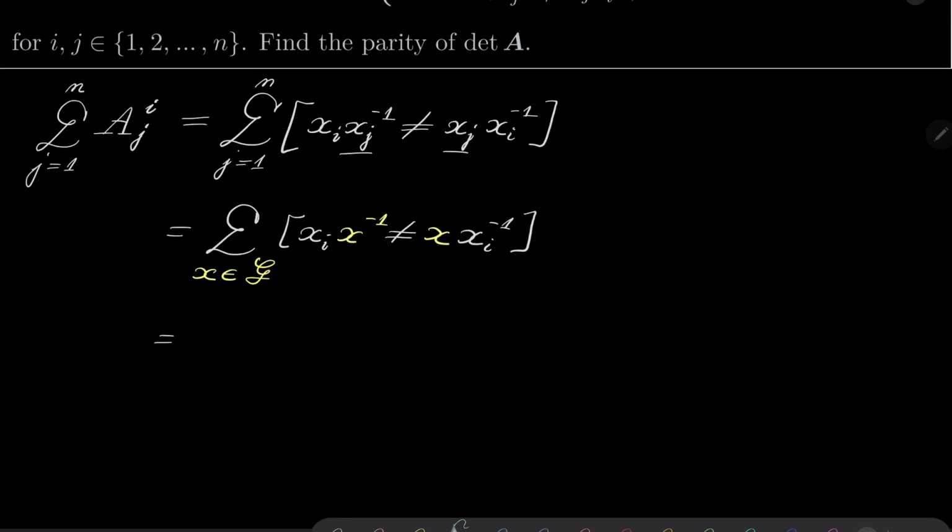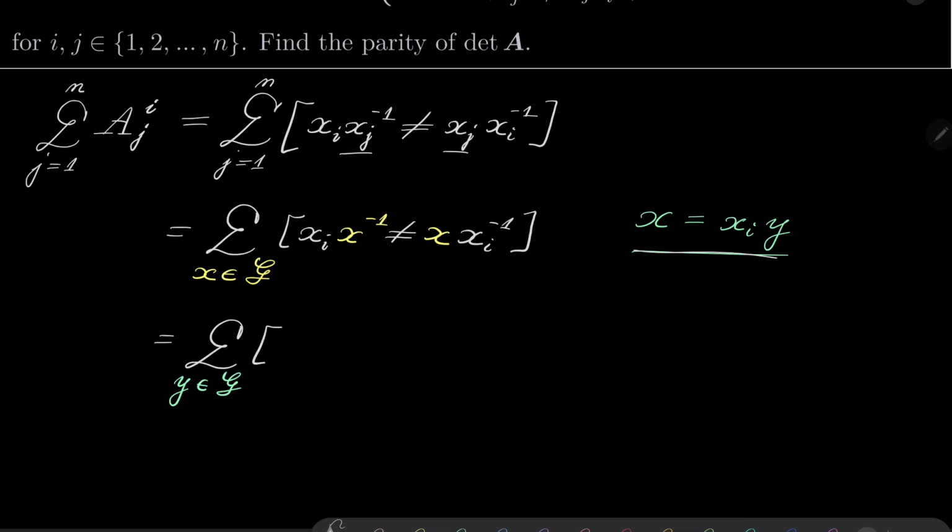Instead of x, let x be equal xi times y, where i is fixed. And then notice that our sum, we can now just sum over all elements y of our group, because this function is really a bijection. So there is only one y corresponding to any x, and just one x corresponding to any y. So we can just sum in different order.